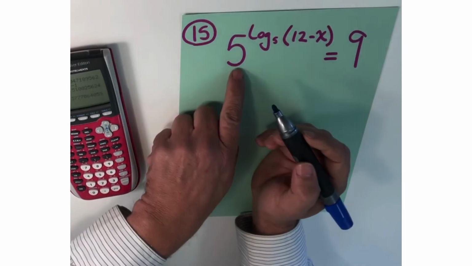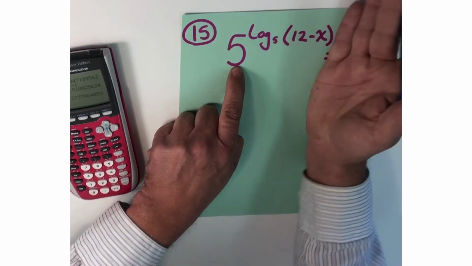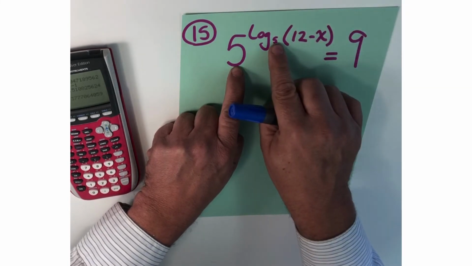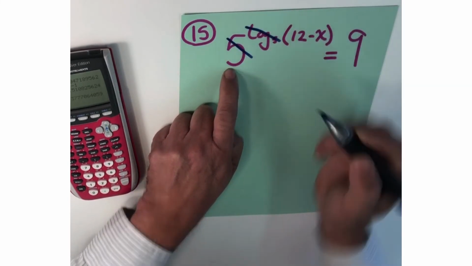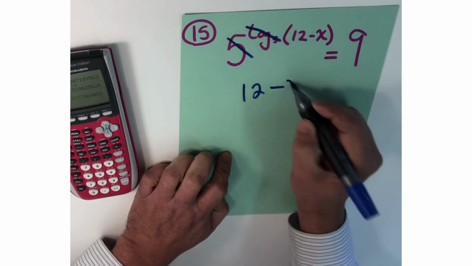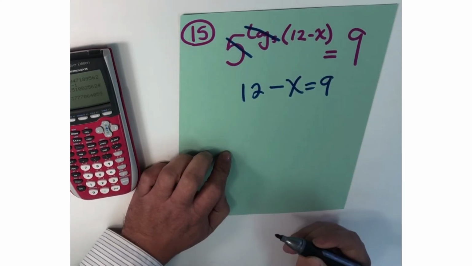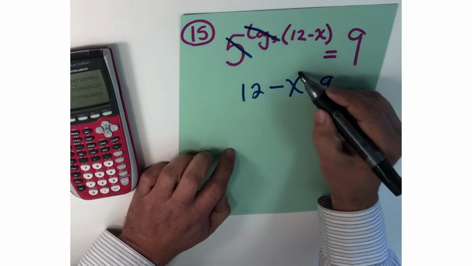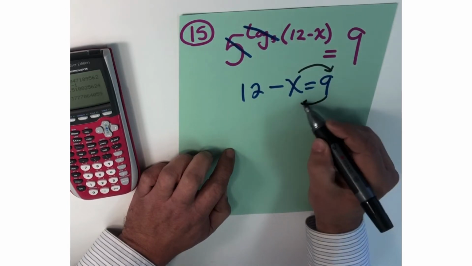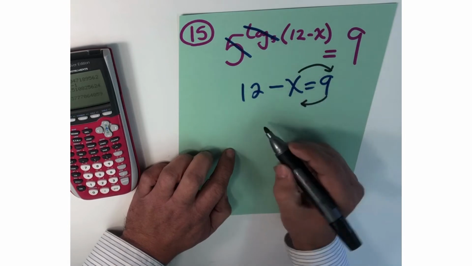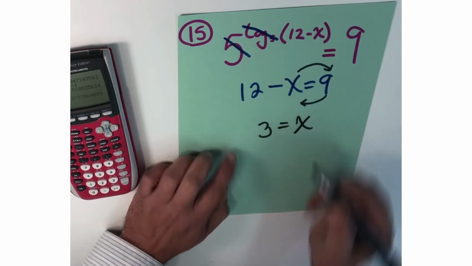So here, the base of the exponential and the base of the log are both the same. Hey, they cancel out, leaving you 12 minus x is equal to 9. And then you just solve this, right? I'm going to move the x over to this side and the 9 over to that side. So 12 minus 9 is 3 is equal to x.